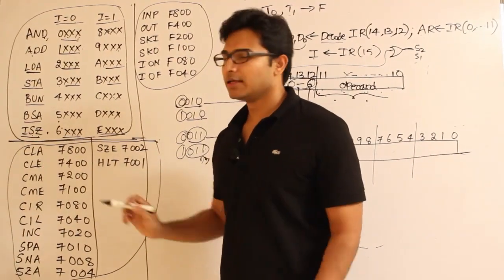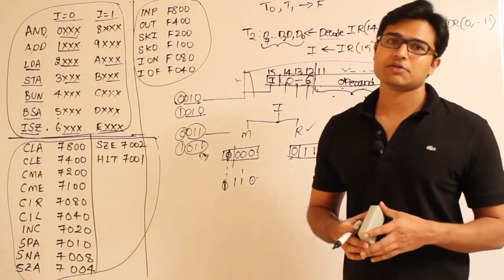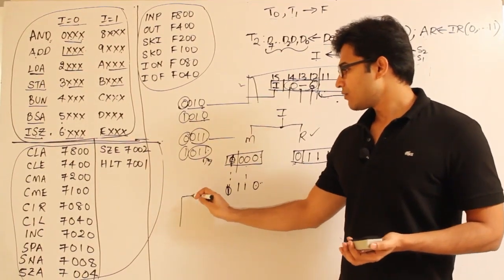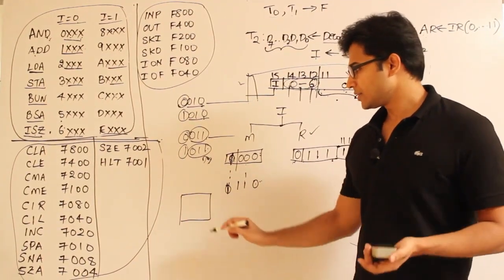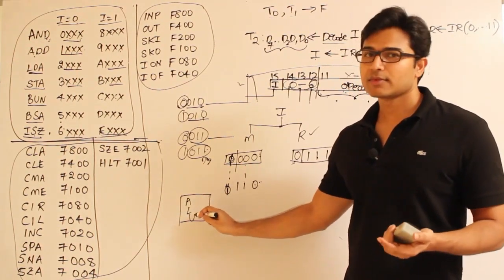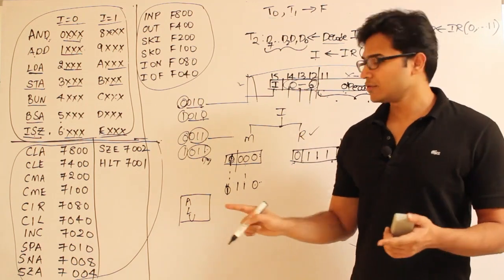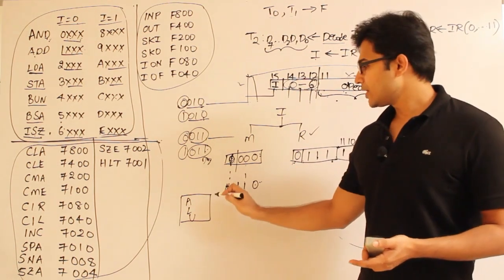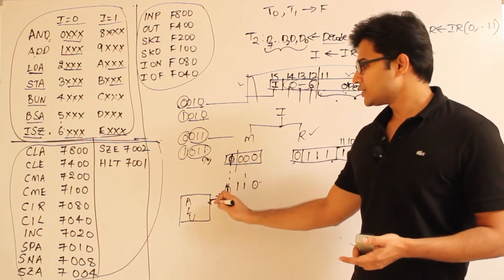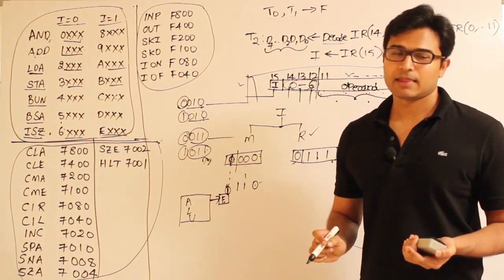And the next one is CLE. CLE is nothing but clear that extra bit. Oh, I forgot to mention this extra bit. In an earlier diagram, when I was discussing the bus, I showed you an adder and logic unit. In that diagram, I even showed you a flag with E. This E is nothing but carry.